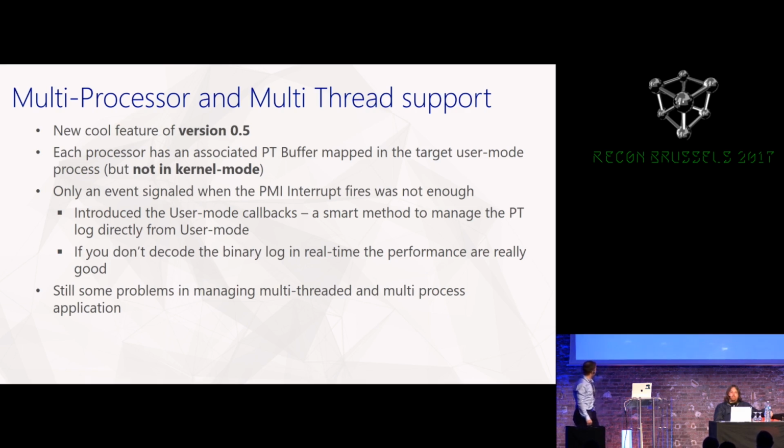Here we have tested that even in a really big multiprocessor environment, if we don't decode the binary log in real time to transform it into human readable text, the performance is really good. We can't see any slowdowns in the traced application.